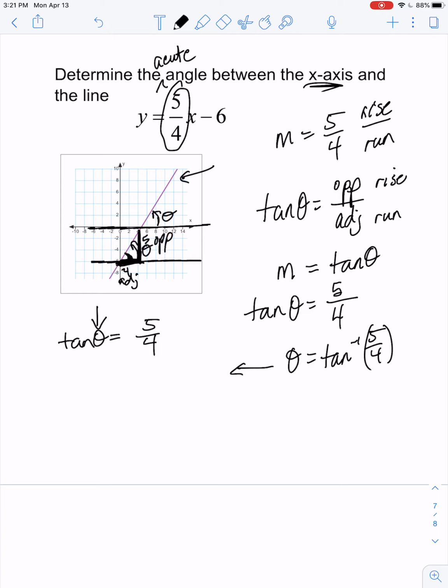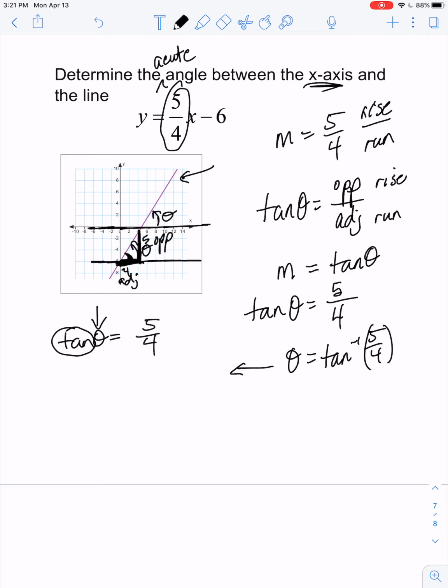To get theta by itself, I need to get rid of the tan. You don't get rid of tan by dividing. That's like getting rid of a square root by subtracting. You do the opposite operation, and the opposite of tan is tan inverse.